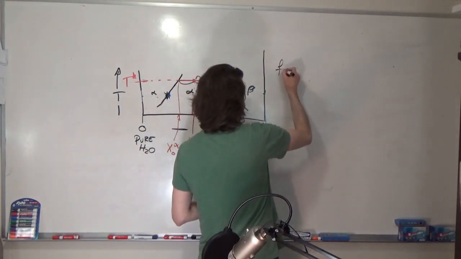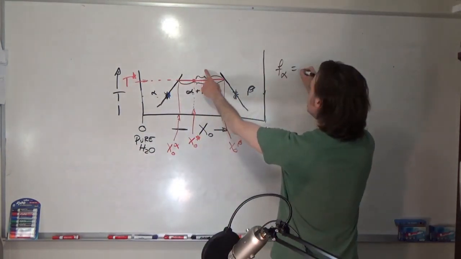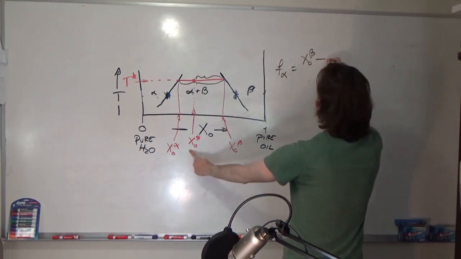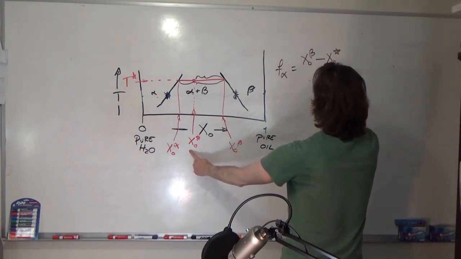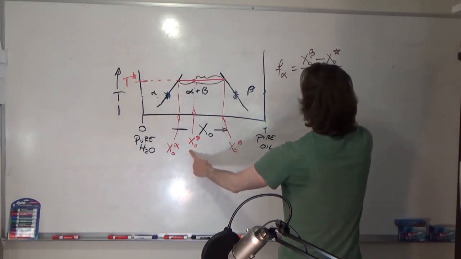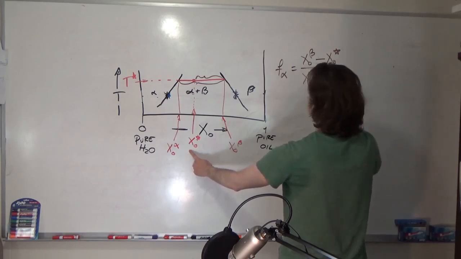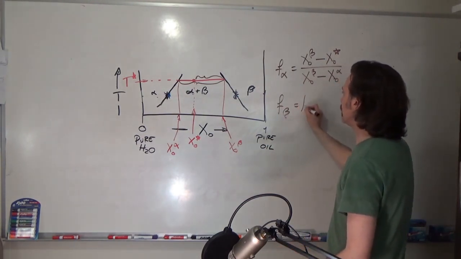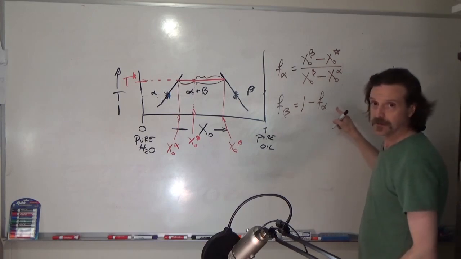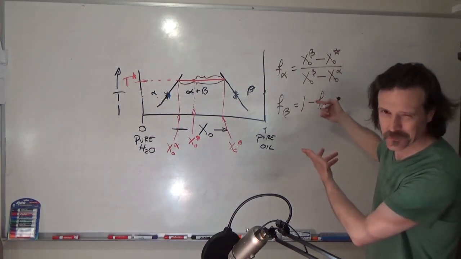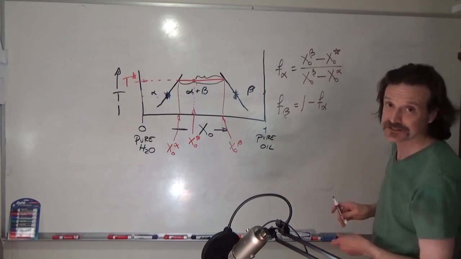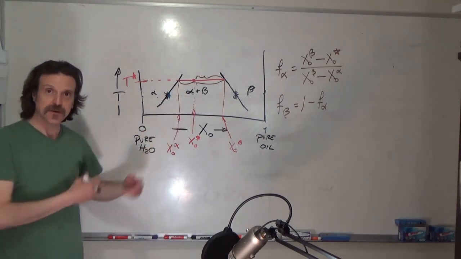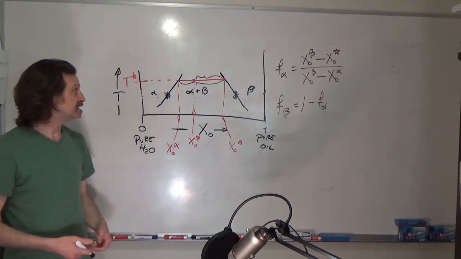So, fraction of alpha is equal to x0 beta minus x0 star divided by x0 beta minus x0 alpha. And the fraction of beta, f beta, is equal to 1 minus f alpha, because we're lazy. We could write it out if we wanted to, but we don't really need to because we know they have to sum to 1. And this is the basics of reading binary phase diagrams.